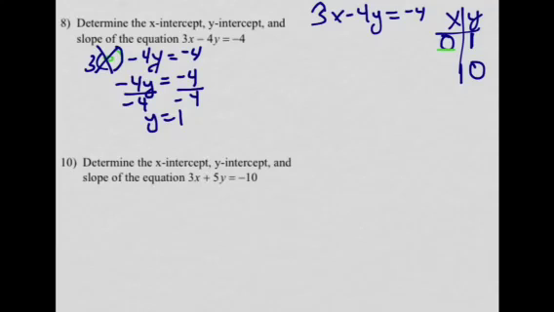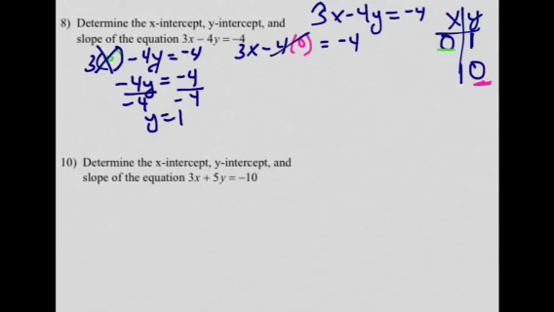Well, we'll do the same thing, only this time we're going to let y equal 0. So we go ahead and take 3x minus 4, and I'm going to let y equal 0 equals a minus 4.